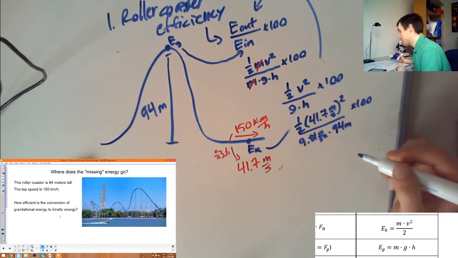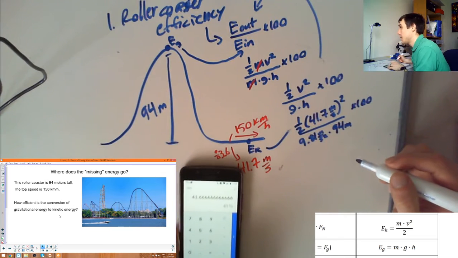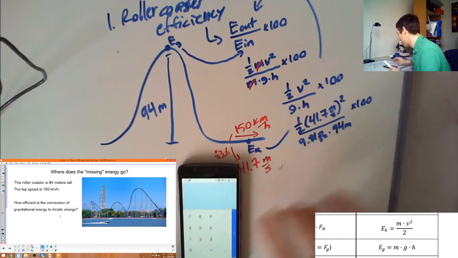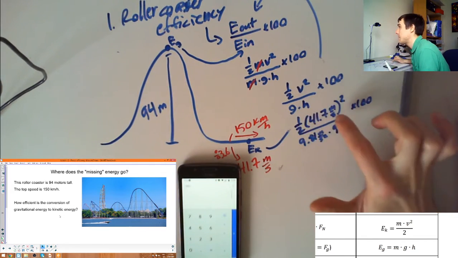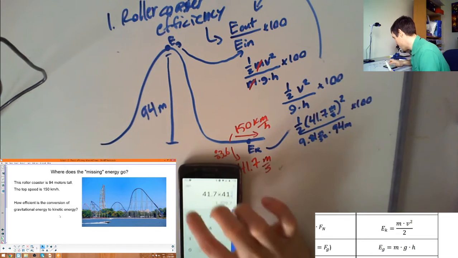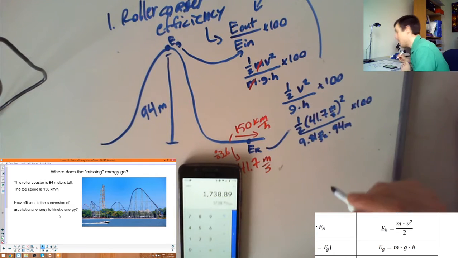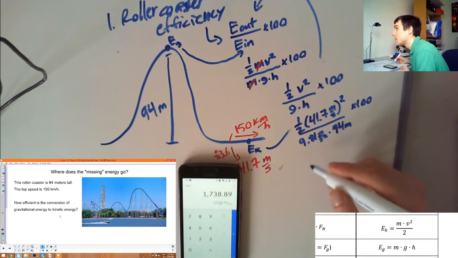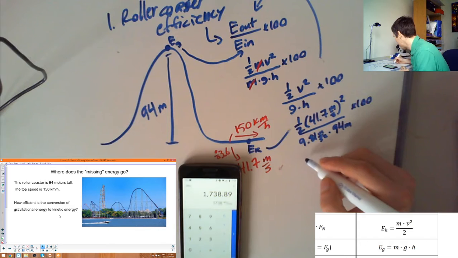And then now we just start doing the calculation. So here we have to square this before we do the 1/2. So square that first, because brackets, 41.7 times 41.7 is 1,738.8. I'm just going to say 1,739.